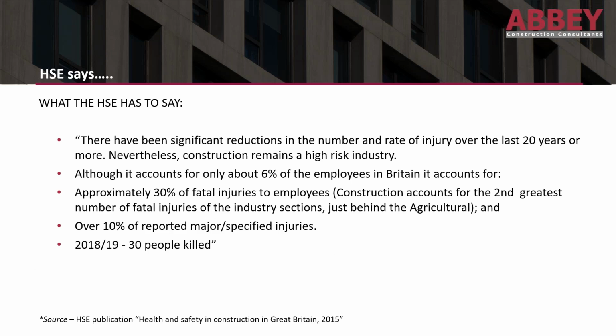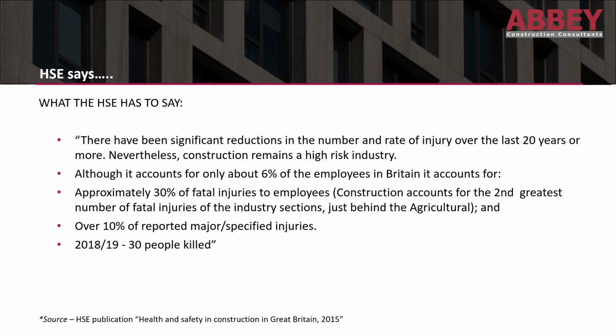What does the HSE say about contractors? Well, there's been a significant reduction in the number and rate of injuries over the last 20 years or more. Nevertheless, construction still remains a high-risk industry. Although it accounts for only 6% of employees in the UK, it does account for approximately 30% of fatal injuries to employees.